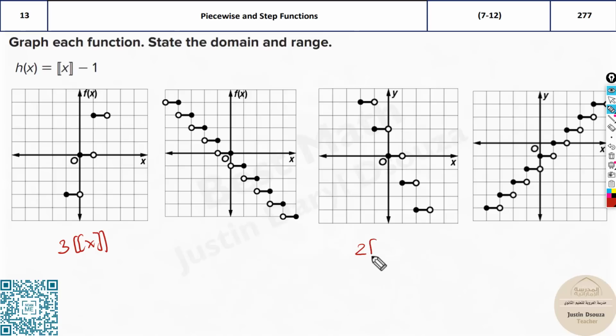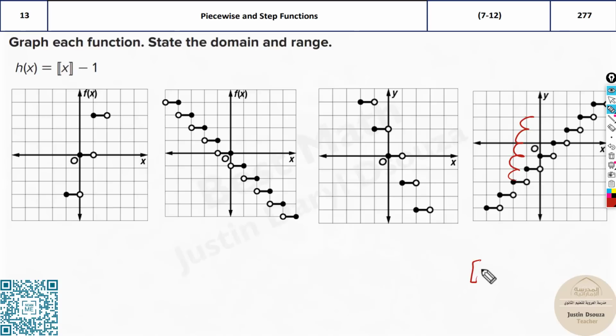So something with 2x must be there. The step function will have something with 2x. Now, I don't know the exact value, that's fine, but I know it's not going left to right increasing, it's going up to down. So there is a minus sign somewhere over here. Now look at this one here. The step is all 1, 1, 1.